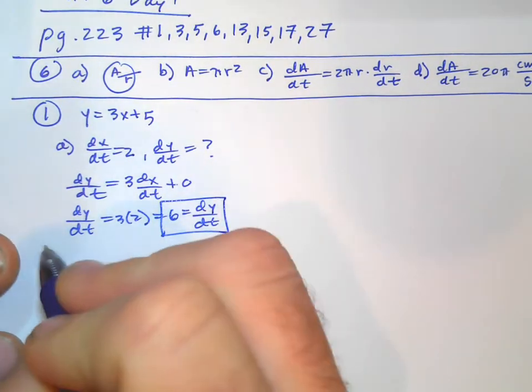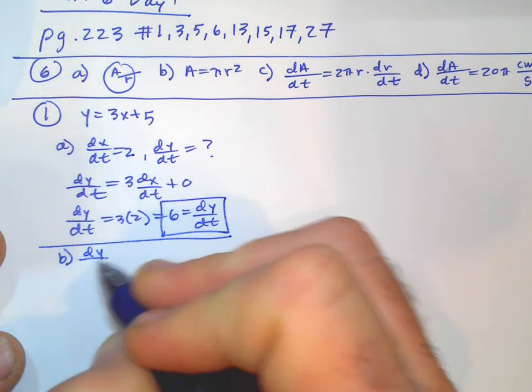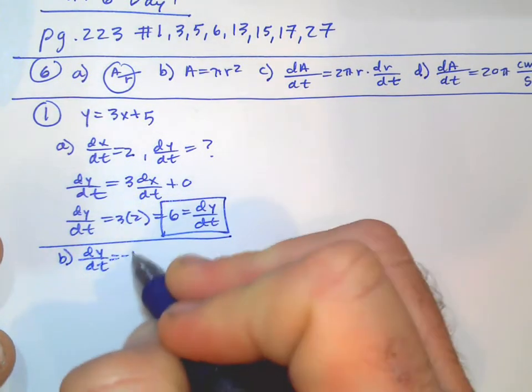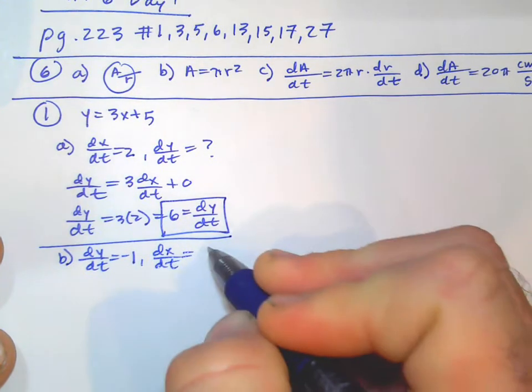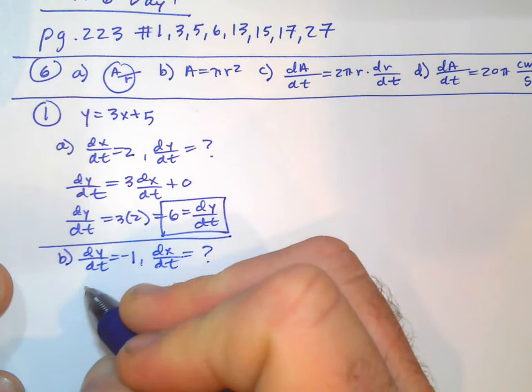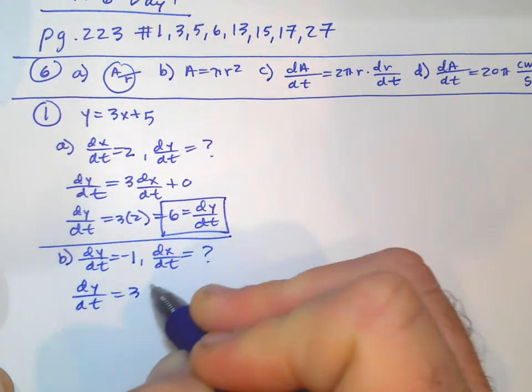Part B says, given that dy/dt equals -1, find dx/dt. So same idea, other way around. We need the derivative implicitly, dy/dt equals 3 dx/dt.